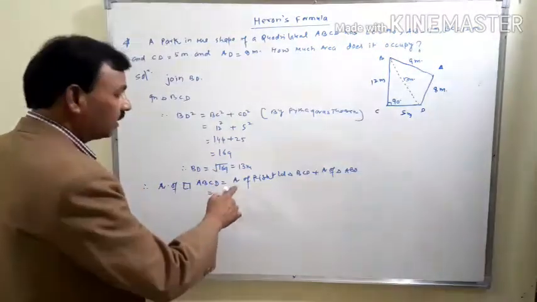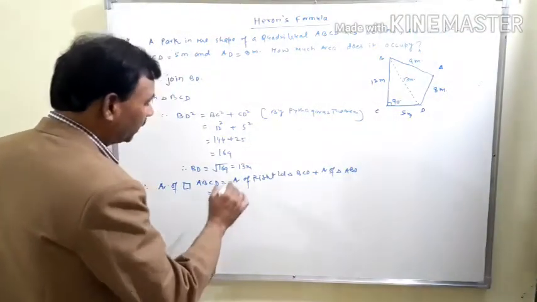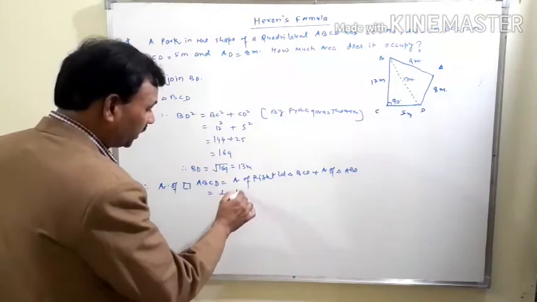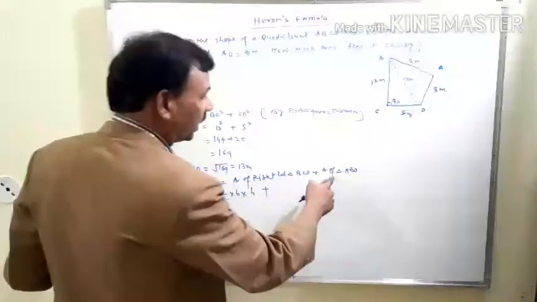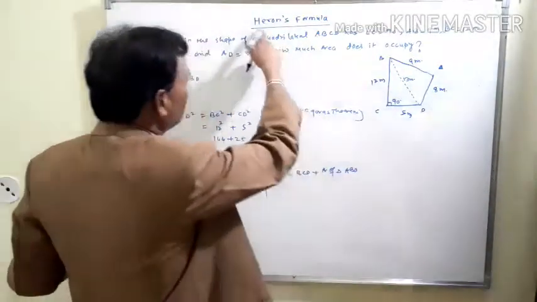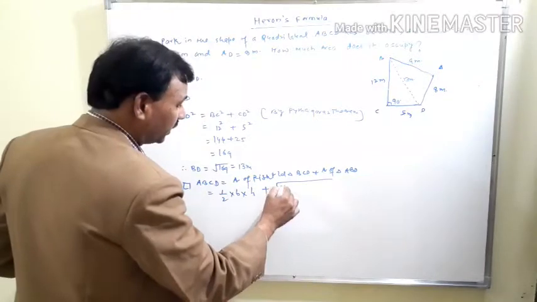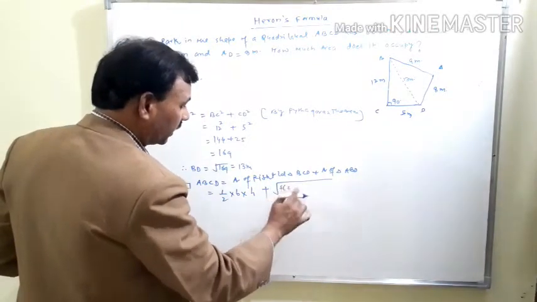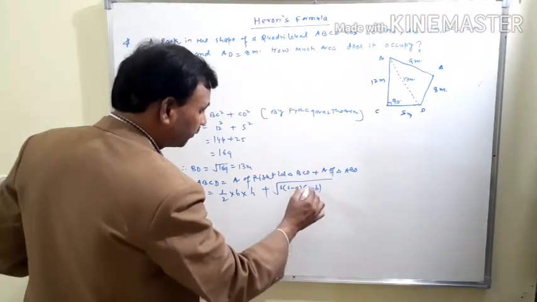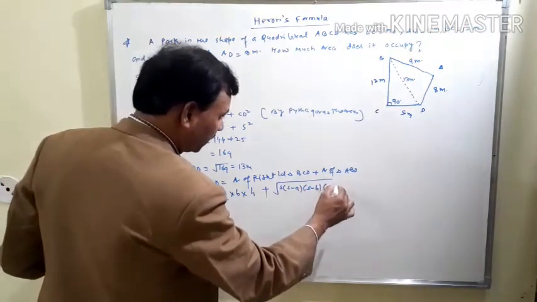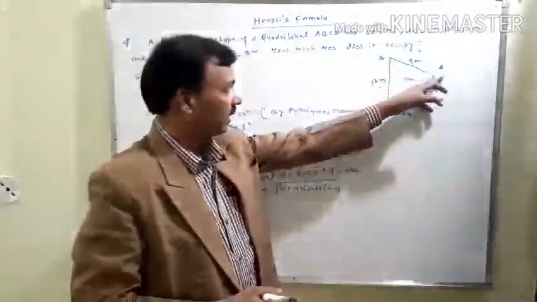Since triangle BCD is right angle, we can apply 1/2 base into height, plus area of triangle ABD, applying Heron's formula. As you know, Heron's formula is root under S into S minus A, into S minus B, into S minus C, where S is half of the perimeter of triangle ABD.